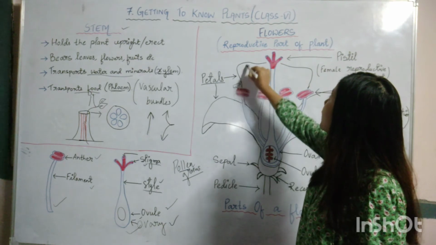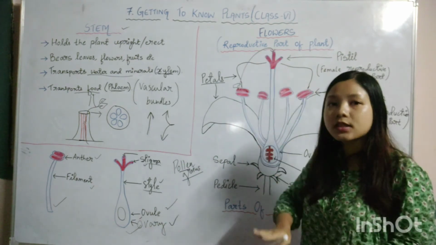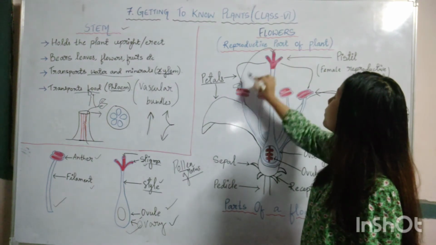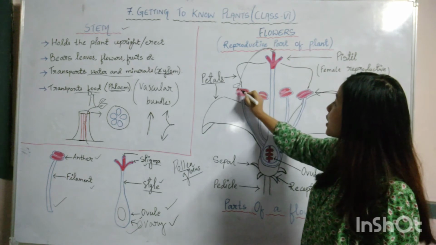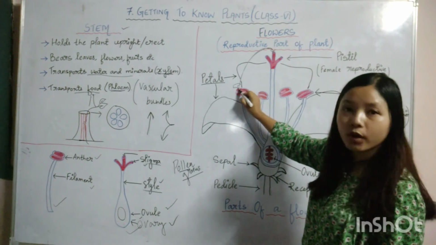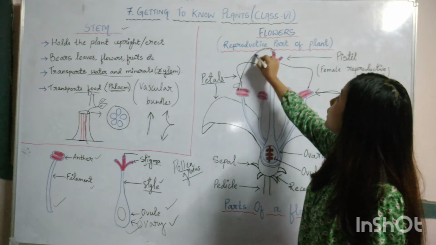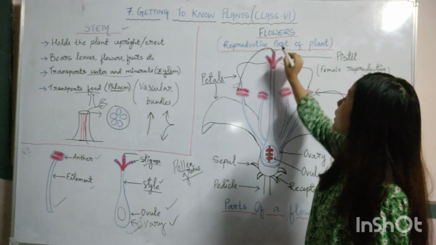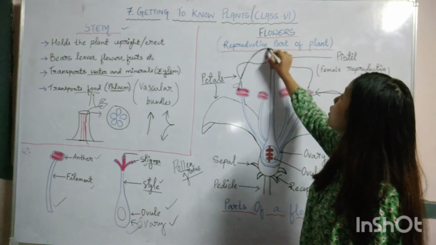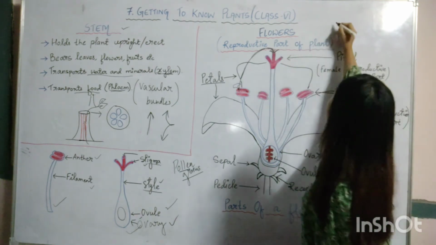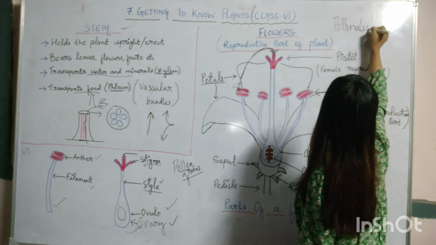Then when it flies and sits here, it will drop the pollen from here to here. Can you see the transfer of the pollen grains taking place? The pollen grains are transferred from the anther to the stigma. This transfer of pollen from anther to stigma is known as the process of pollination.